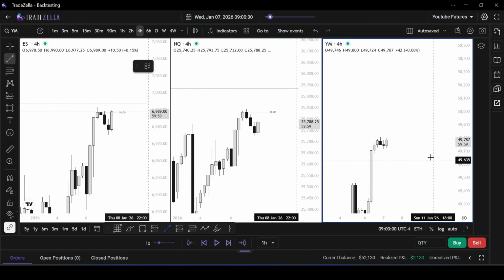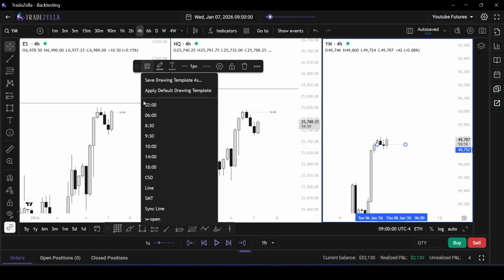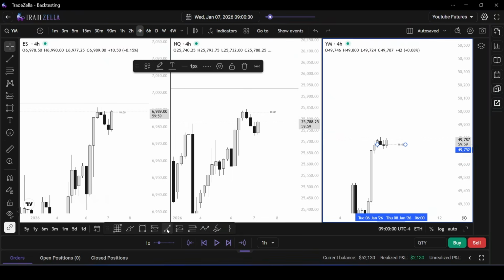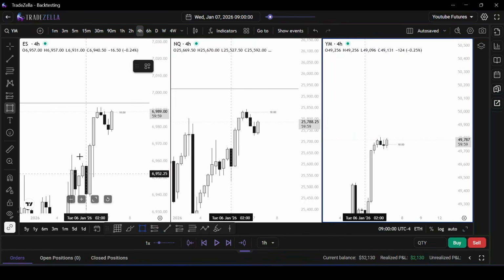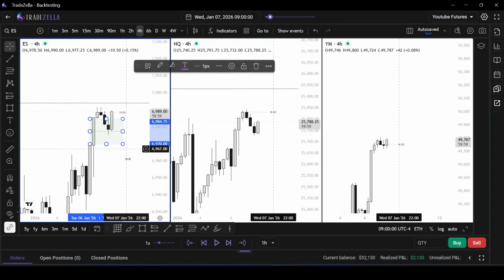And we have it here. And we have this fair value gap. So we have opened and traded into this fair value gap here.